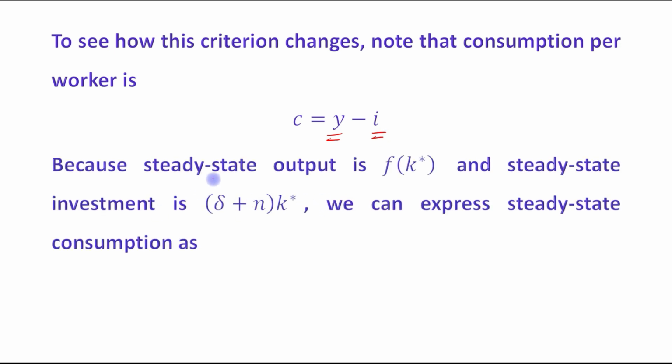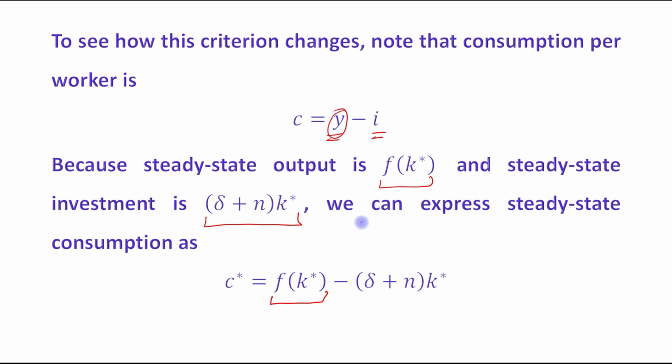At the steady state, output per worker is this one and investment per worker is this one. So this is the steady state consumption: C star equals F(K star) minus (delta plus n)K star.